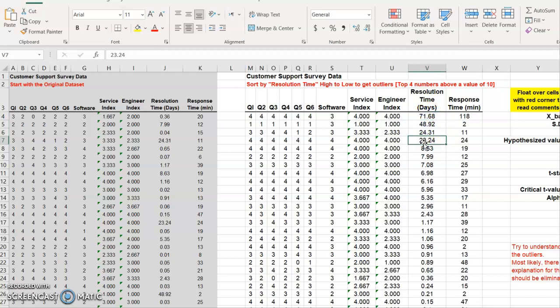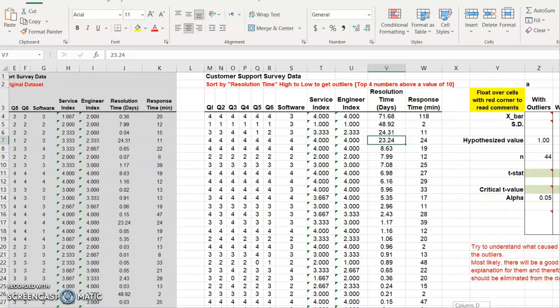It takes 71 days, 23 days, etc. These are higher too than 1 day that they have given, but they're not extremely as high as this one. So for the purpose of this problem, we will consider only these 4 as outliers at this time, just for practice. But if you take everything above 1, that will take a chunk of your data out, and that might skew your results as well. So we'll approach it as suggested, just for practice purposes.